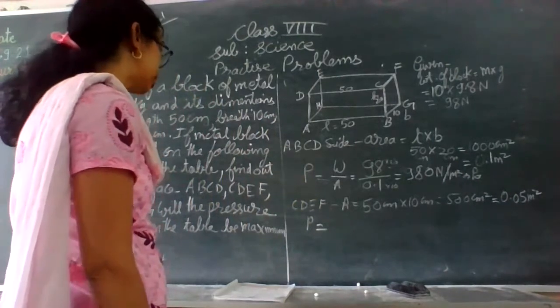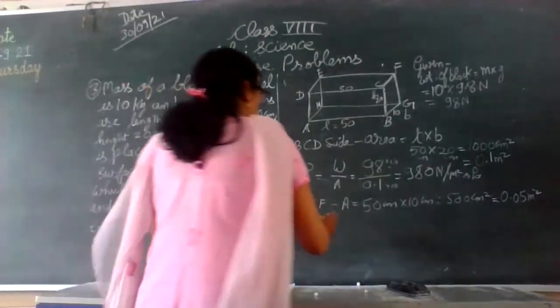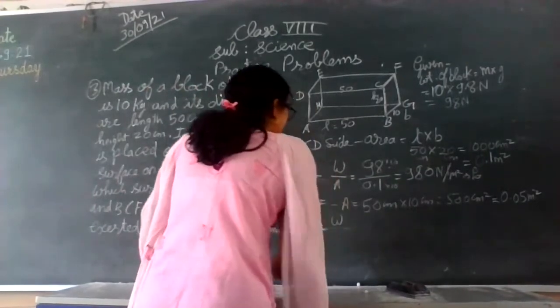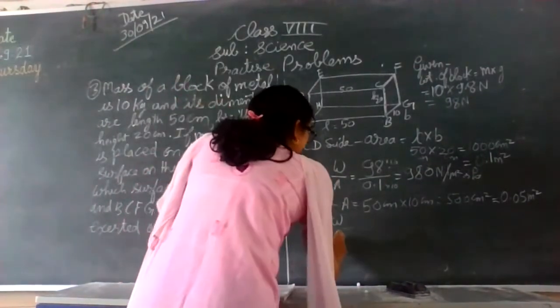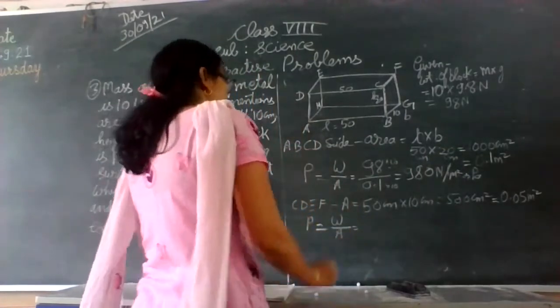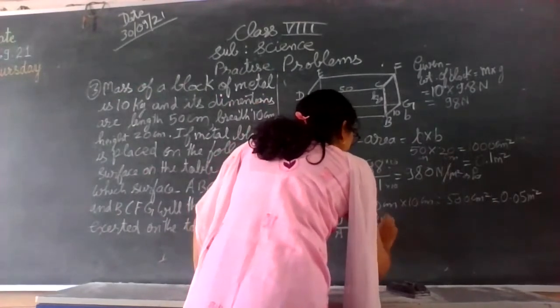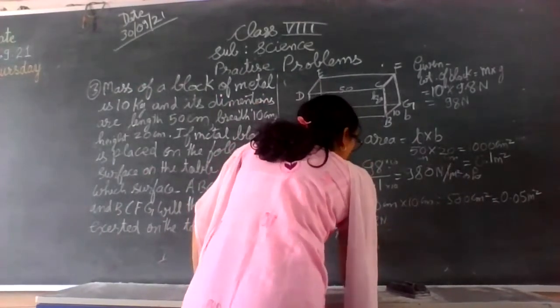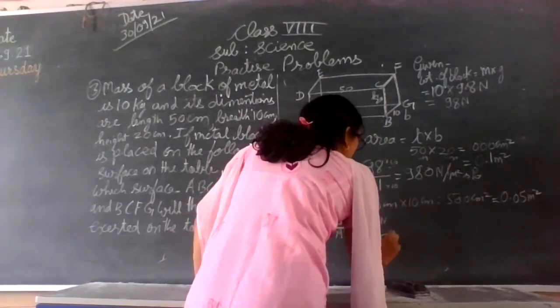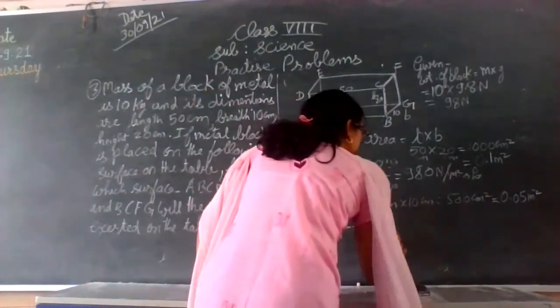Then again pressure for the CDEF side of this block will come up to how much? Weight is the same for the block, and area will change this time. 98 Newton is the weight divided by 0.05 meter square.